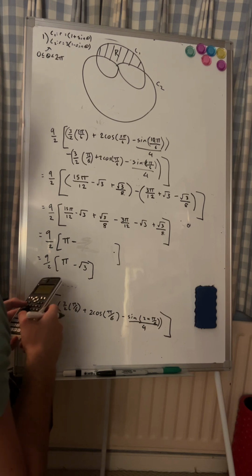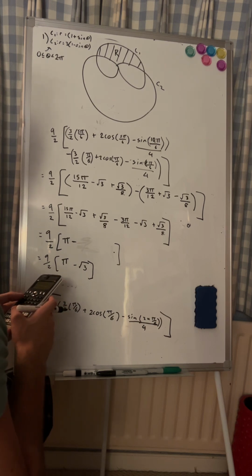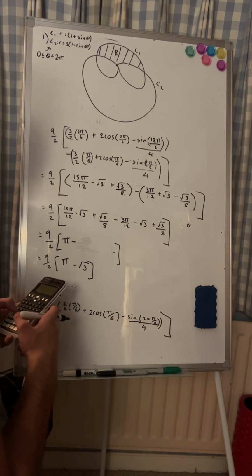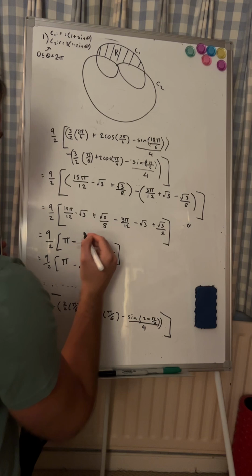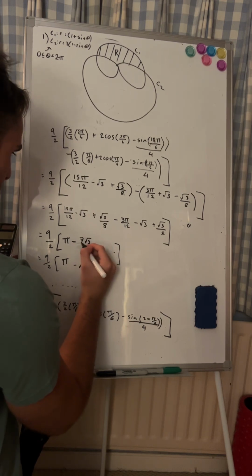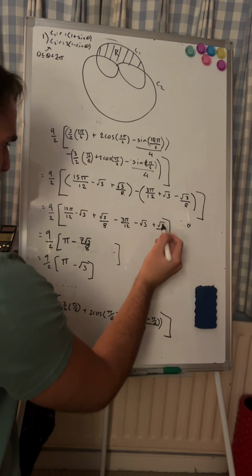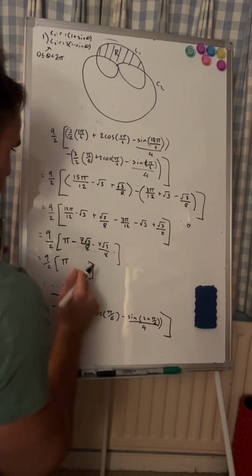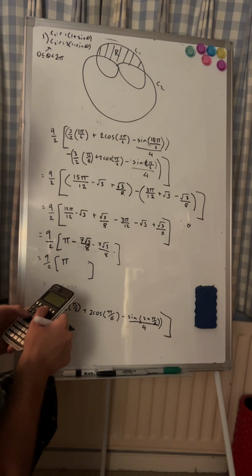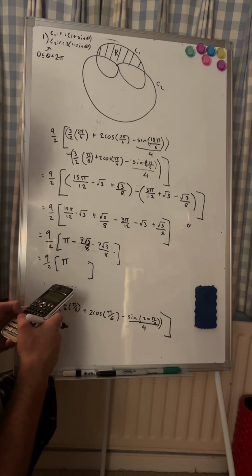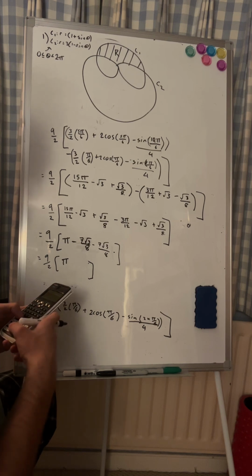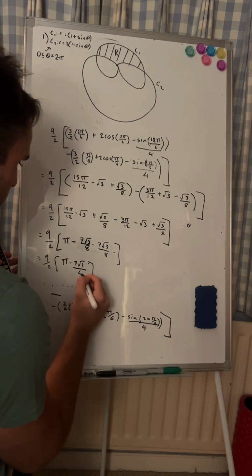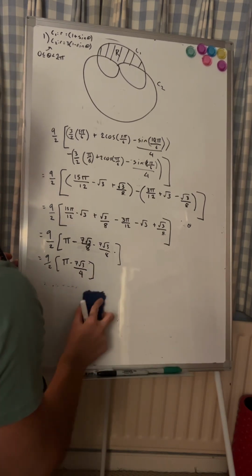So now we have minus root 3 plus root 3 over 8, which is minus 7 root 3 over 8. And then we're minus root 3 plus root 3 over 8, which is minus 7 root 3 over 8. So now this is minus 7 root 3 over 8 minus 7 root 3 over 8, which is minus 7 root 3 over 4. I'll get rid of this bottom line.